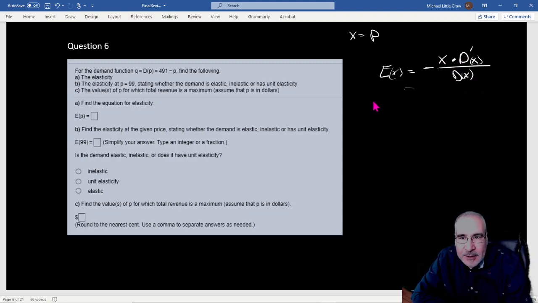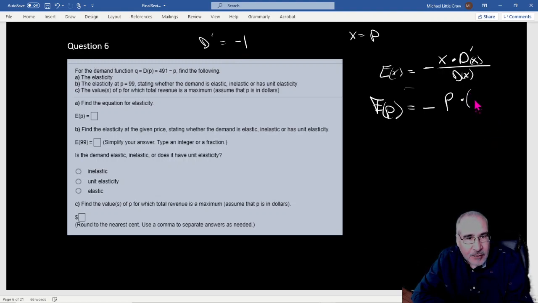So for us, the elasticity function E of P is going to be equal to minus P, the price, times the derivative of the demand function. The derivative of the demand function is just going to be minus 1. The derivative of 491 is 0, the derivative of negative P is negative 1.